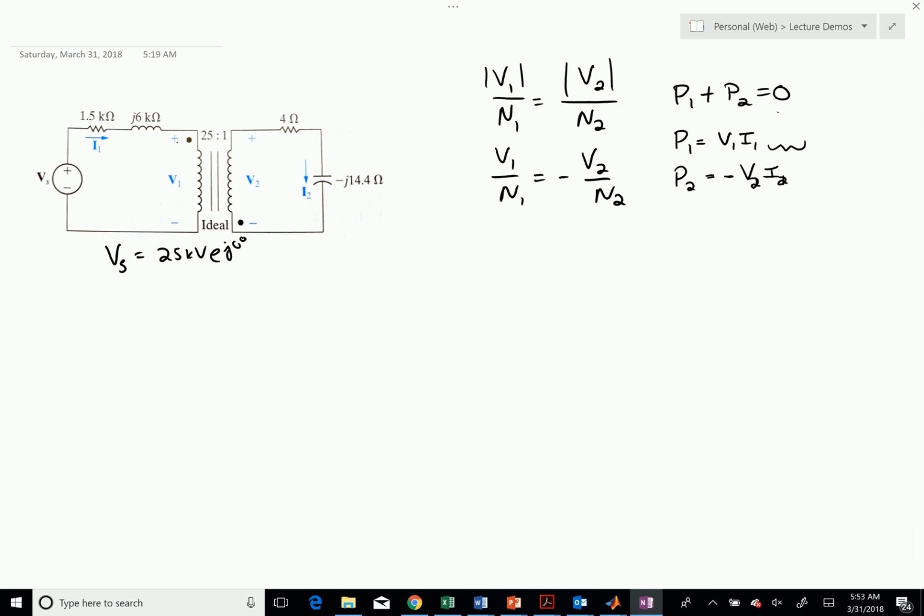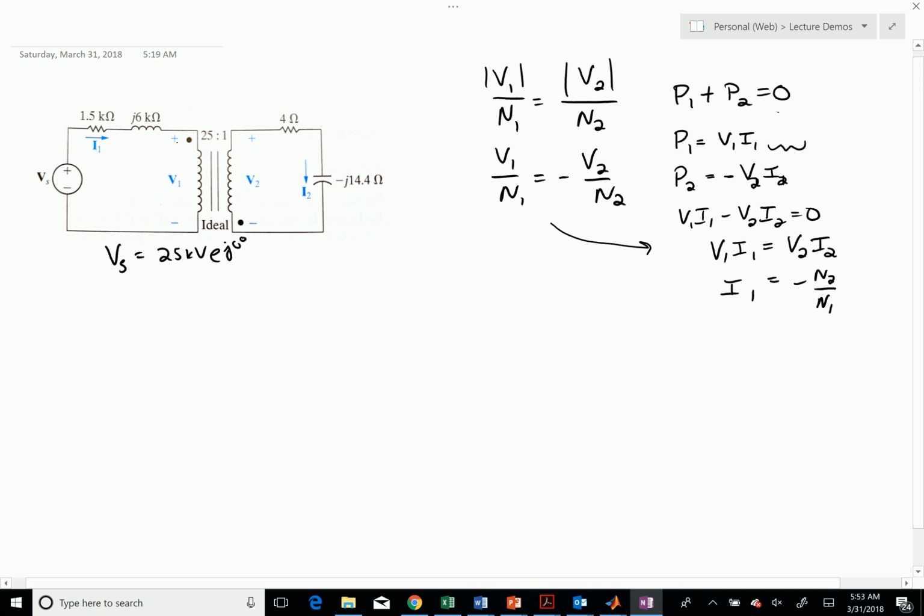So what does that tell me? V1 I1 minus V2 I2 equals 0. So V1 I1 equals V2 I2. Now, I could essentially plug in this relationship here, and what that's going to end up giving me is the same basic relationship I had before, which is that I1 equals negative N2 over N1 times I2.